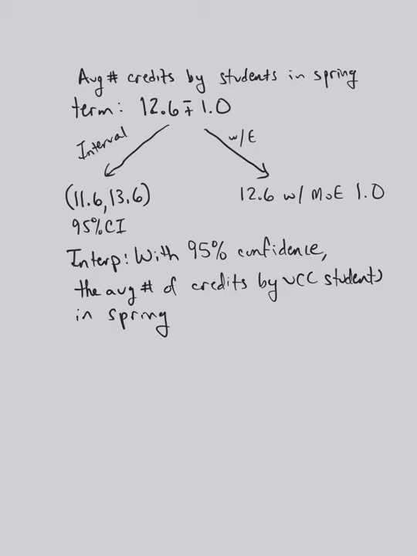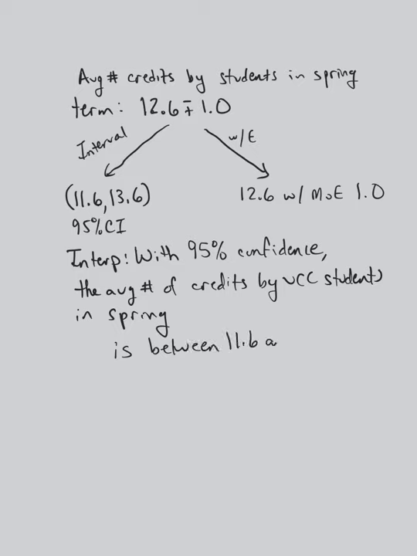And so now there's going to be two ways. It depends on if you want to refer to the interval or if you want to refer to margin of error. It's kind of a pain for me with grade keys because I have to write them both out for you. So with 95% confidence, the average number of credits by UCC students in spring, way one, you would just keep going as a sentence, and you would say it is between and give the interval values.